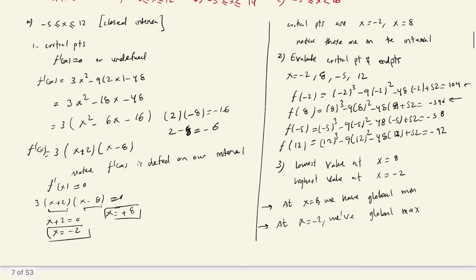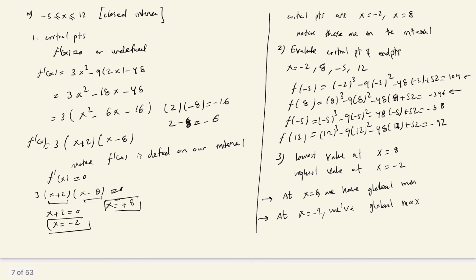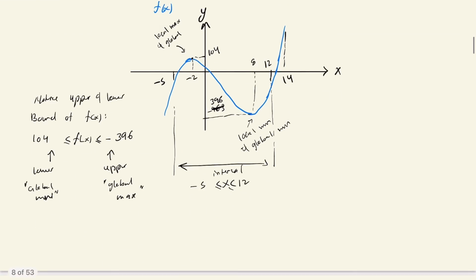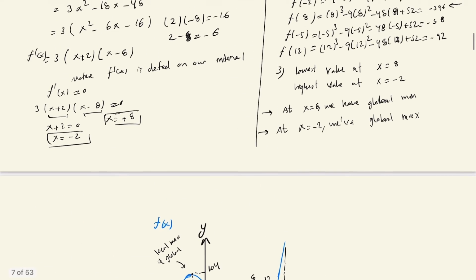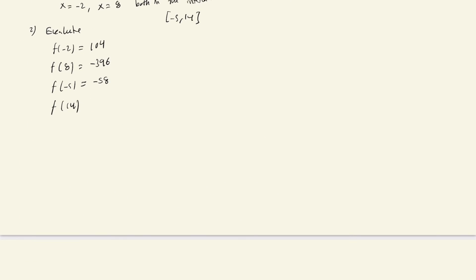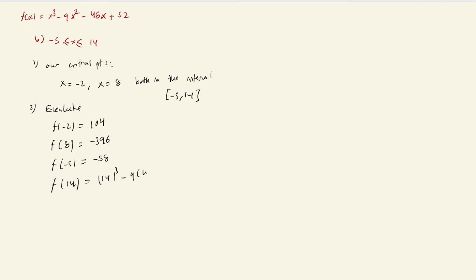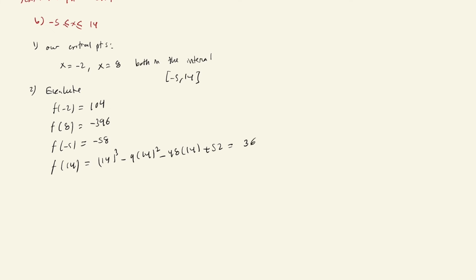So I'm just taking the values of the critical points and the endpoints that we already did in part A. These are going to be the same. Then I'm going to evaluate the function at x equal to 14. So now notice we have all the values. So now we can move to step number 3.